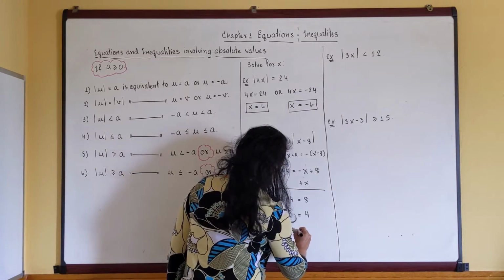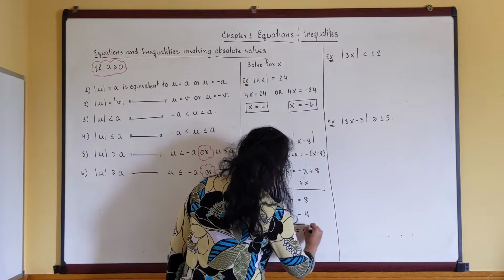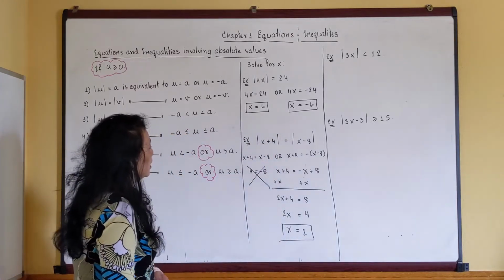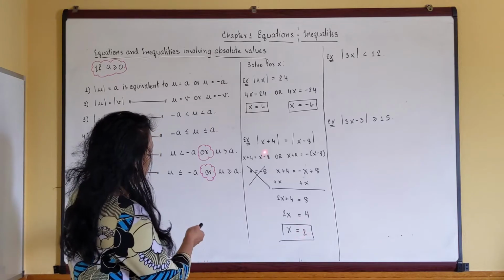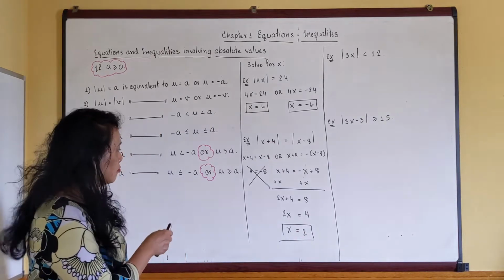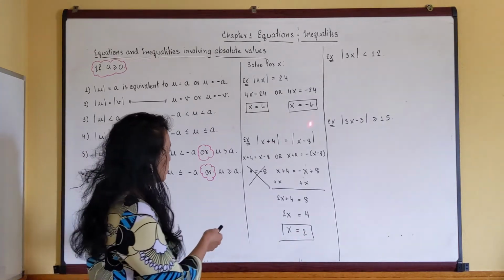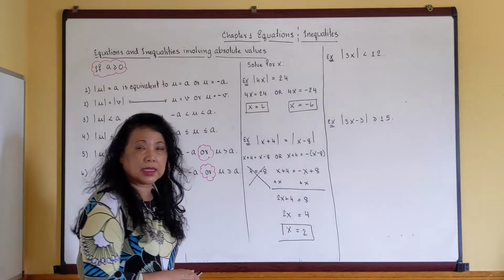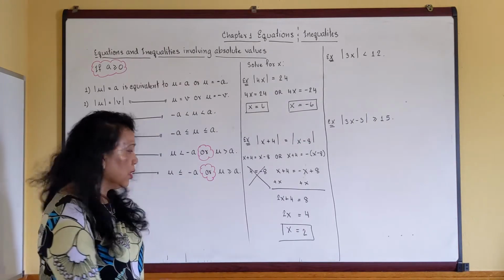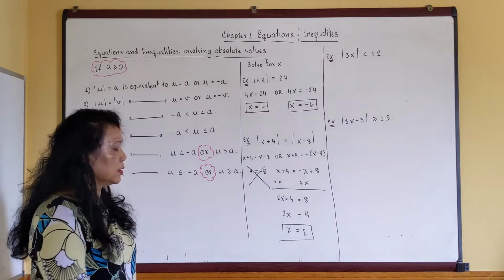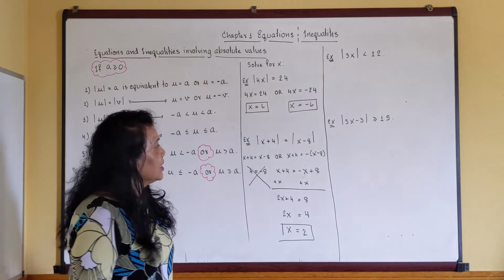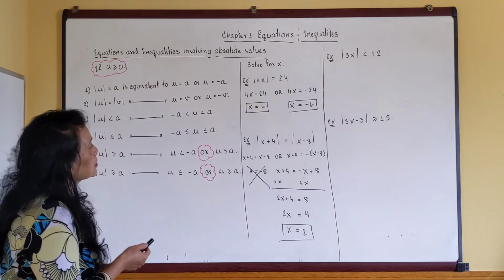So x equals 2. Let's check. 2 plus 4 is 6. That comes out 6, yes. 2 minus 8 is negative 6. It also comes out 6. So it works. So make sure you go back and check. If it doesn't work, just cross it out.